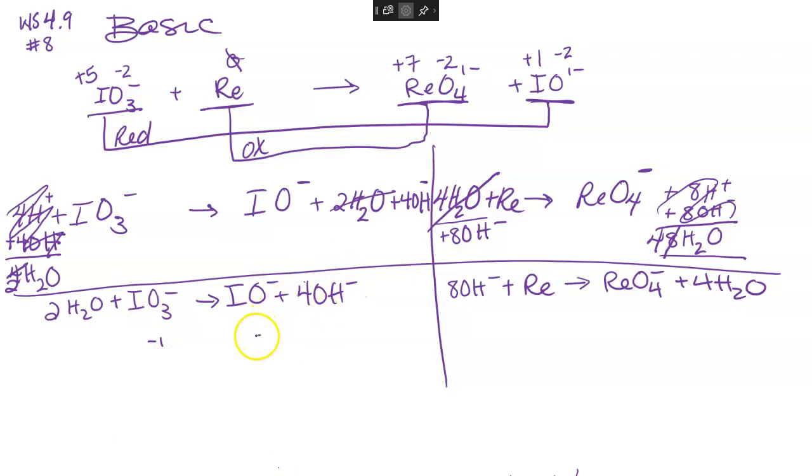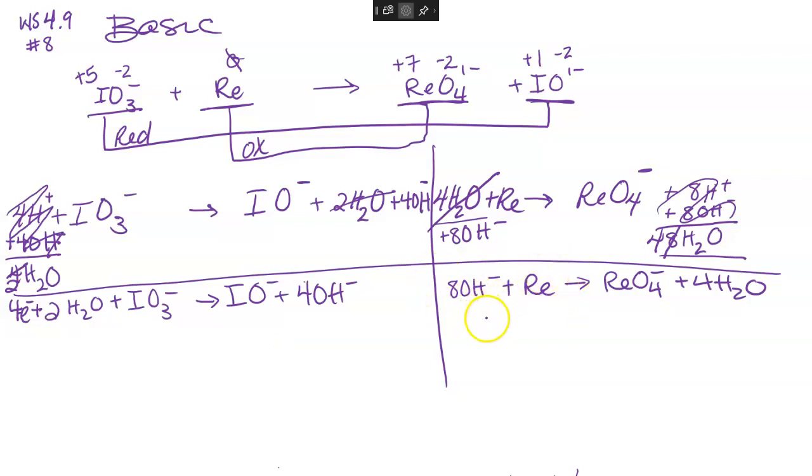-1, -5. Which side needs more electrons? Reactant, how many? What's the total charge on the reactant side?